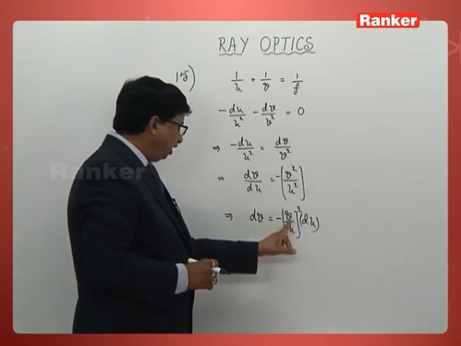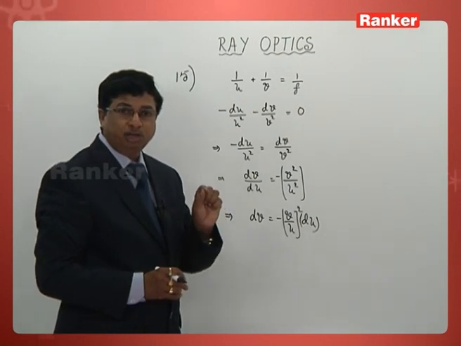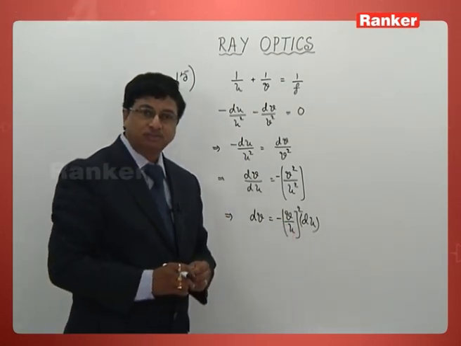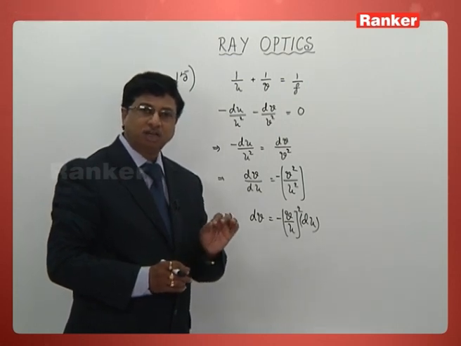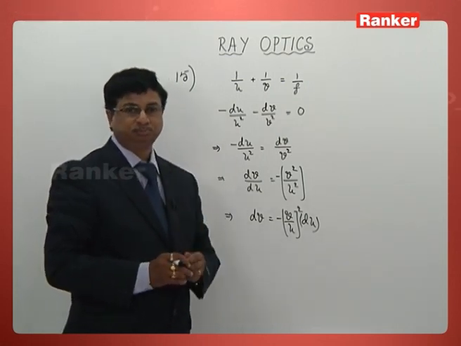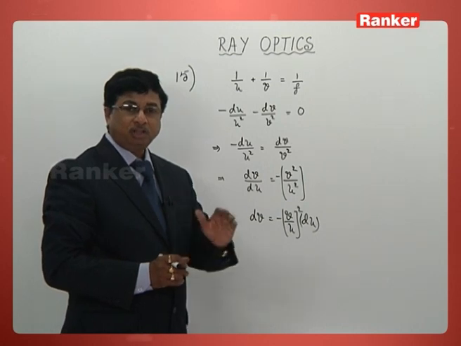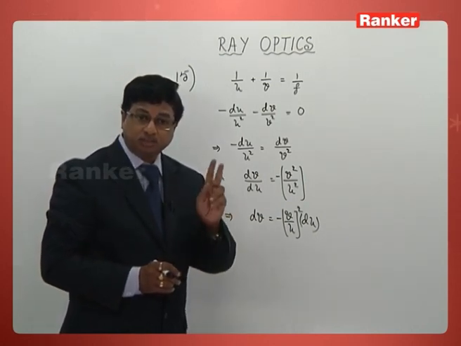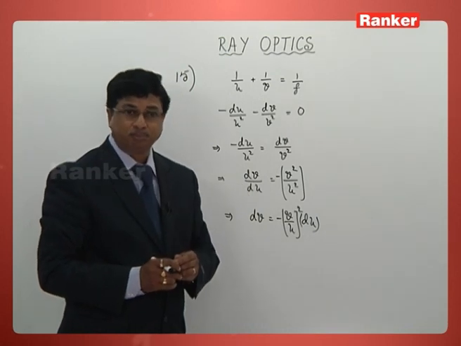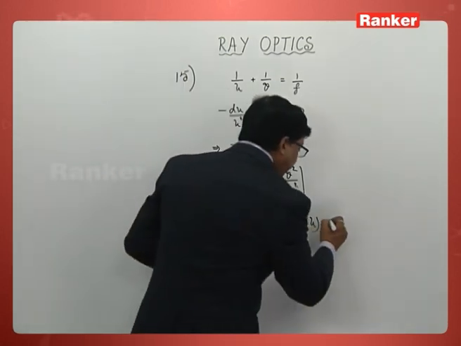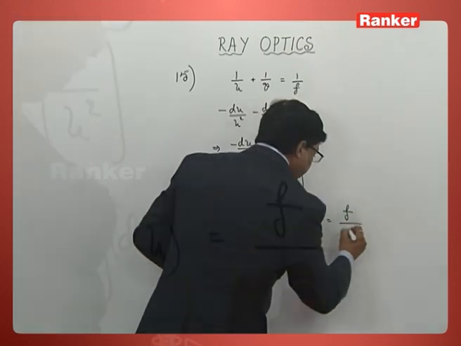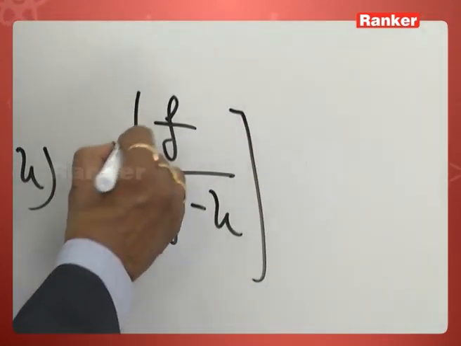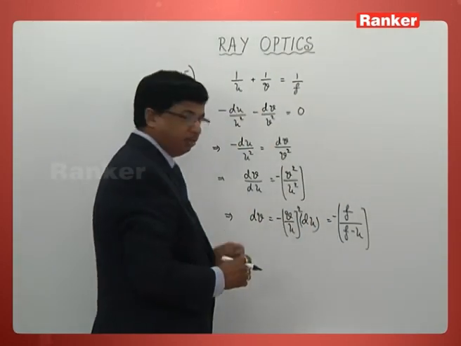But you all can directly understand v over u, that is image distance by object distance, is nothing other than the magnification. What is the other formula for magnification in terms of focal length and object distance given in the problem? You can write the same this way, f by f minus u. This also is one more formula for magnification.